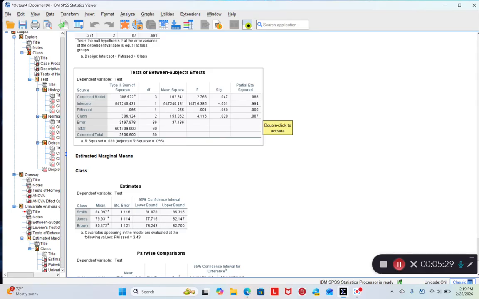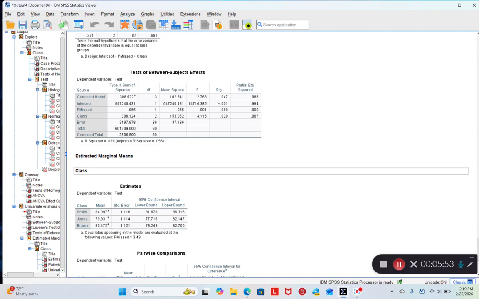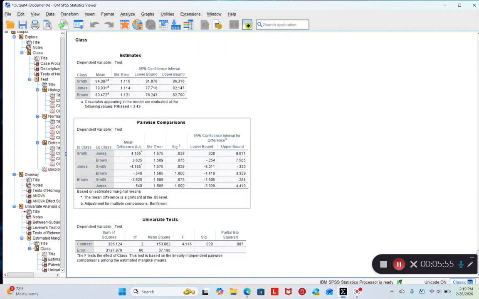That is less than 0.05, so there is a significant difference. Then the partial eta squared is 0.087.